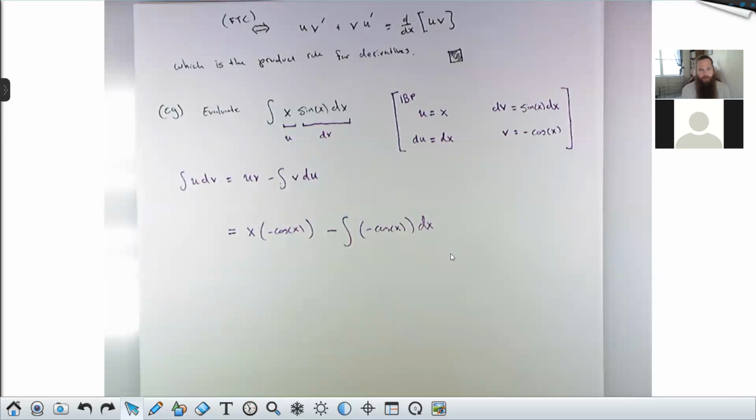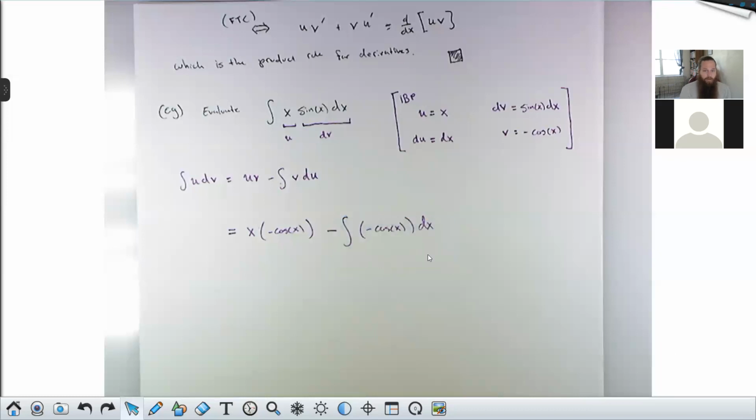Any questions about where anything on this last line has come from? Okay. So you start with an integral, you cook up your IBP table, and you get some stuff minus a new integral.